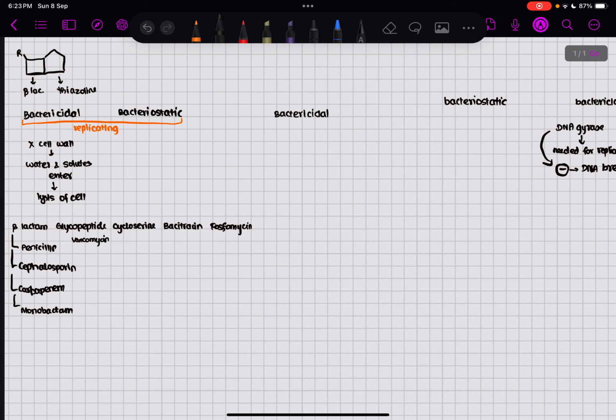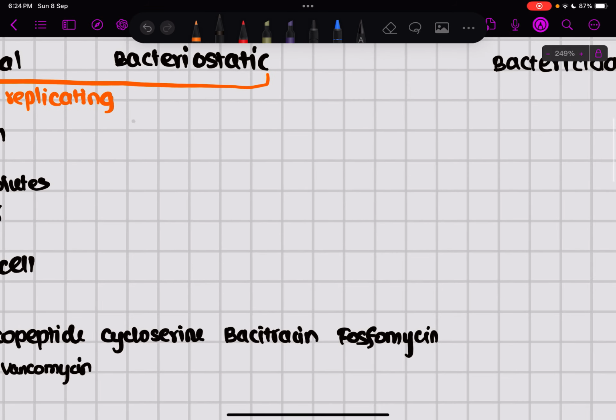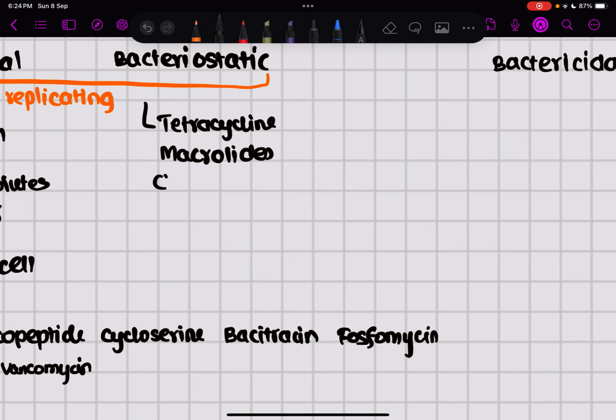Now protein synthesis inhibitors include tetracycline, macrolides, and clindamycin. The macrolides include drugs such as erythromycin and azithromycin.